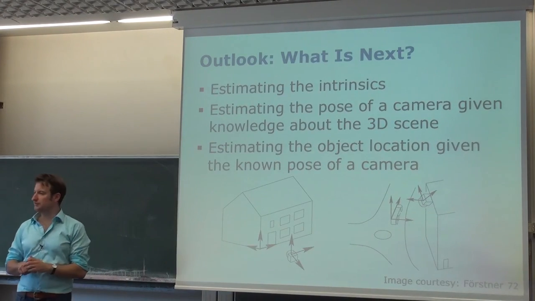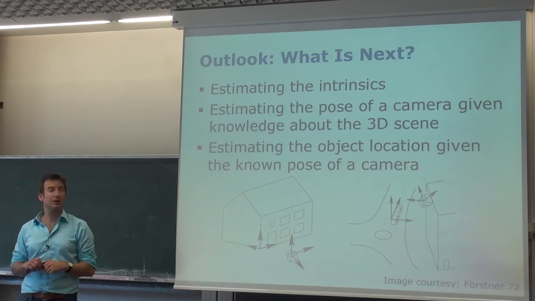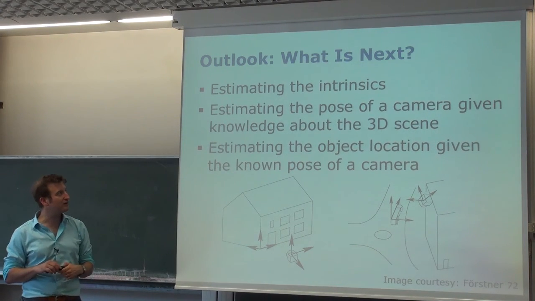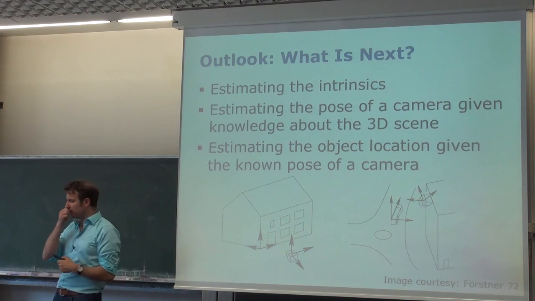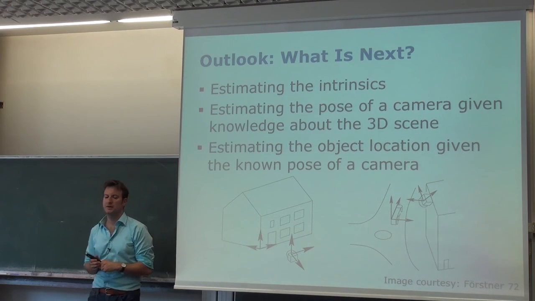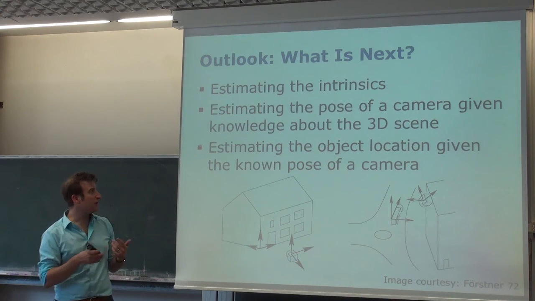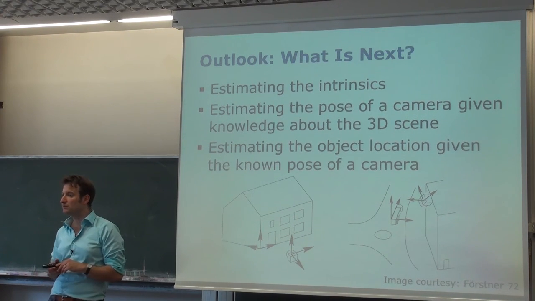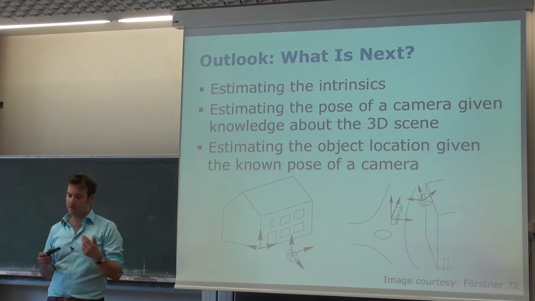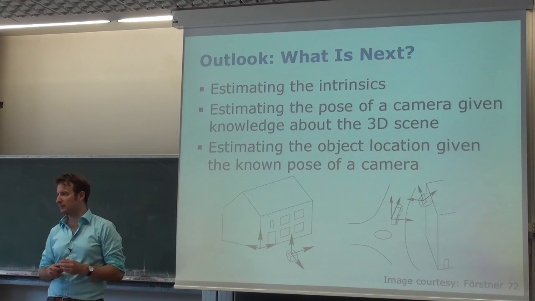So what comes next? As I said, camera calibration is something I want to look into: estimating the intrinsics, estimating the position of the camera given I know something about the 3D world, and then maybe even estimating the camera location or the location of objects in the scene once I know the camera parameters and know where the camera is.